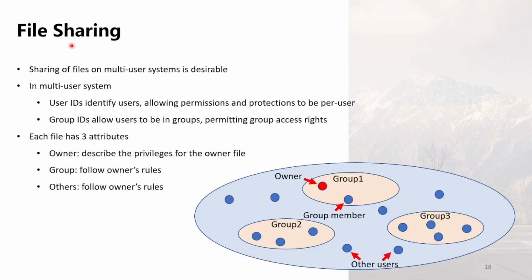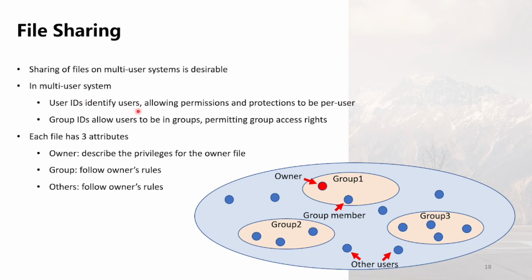File sharing is a common requirement in nowadays systems, especially for collaborative work environments where access to files across different users is a common requirement. Hence, in most multi-user systems, we have individual user IDs for each user.